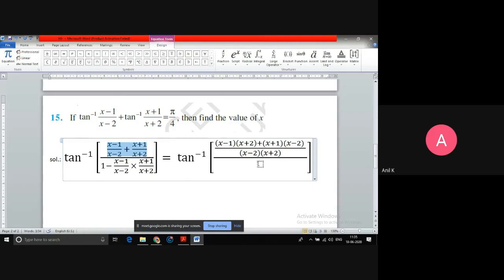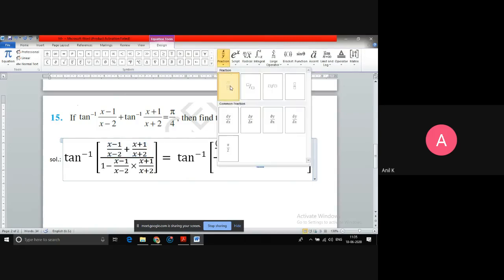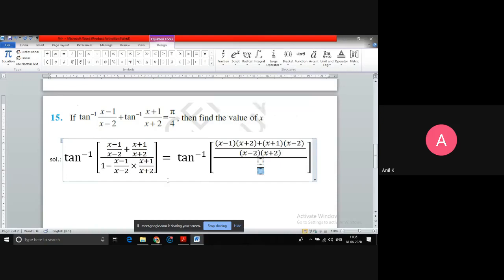Is it okay? Now come to the denominator. In the denominator, what is my LCM going to be? Again, here 1 upon 1 is there, here x minus 2, here x plus 2. So can I say my LCM is going to be the same, x minus 2 into x plus 2. Now what do you get in the numerator? Here 1 will be multiplied with x minus 2 into x plus 2, so the same term will come.